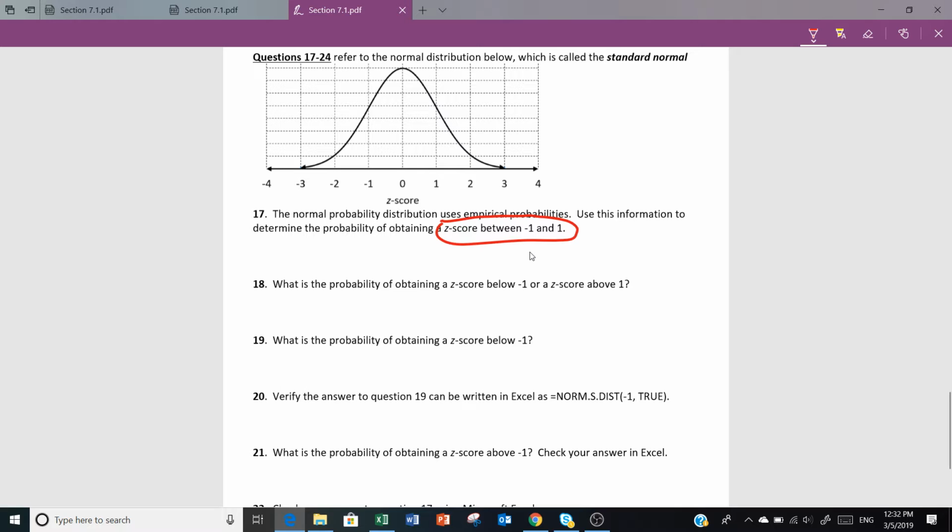I think you do the below 1 function, then you put below. So pretty much you do norm.s.dist of 1 minus norm.s.dist of negative 1.